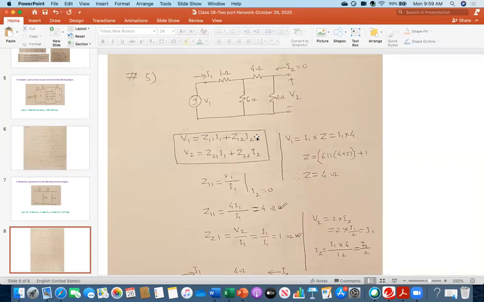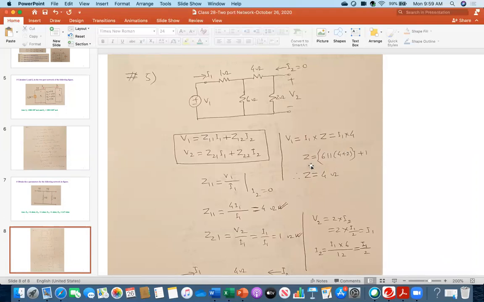You may not need to write those two equations. So Z11 is V1 over I1, meaning that in that case I2 is 0. So what is my V1? Everybody see? V1 means this current I1 multiplied by this equivalent impedance. So on the right side you see, I have written V1 is I1 multiplied by Z, the total impedance or equivalent impedance, which I got as I1 multiplied by 4.